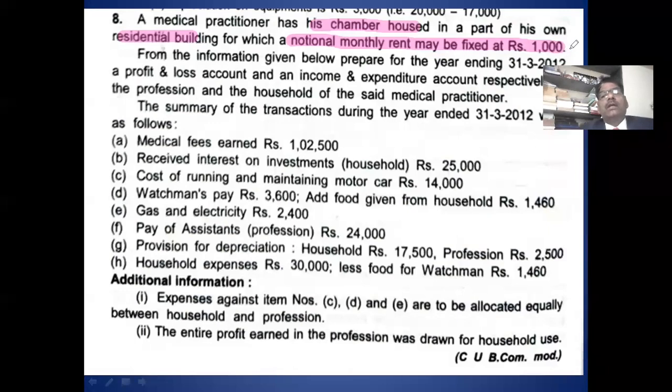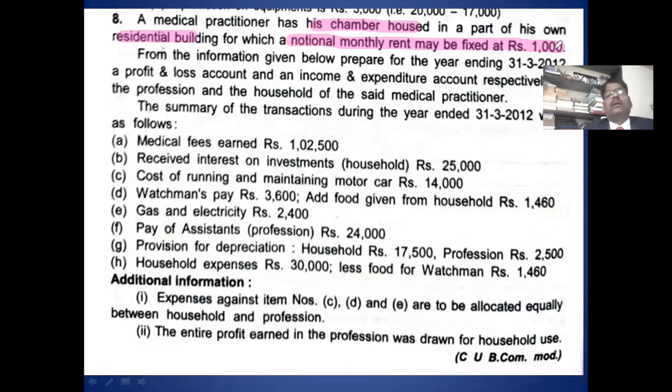Notional monthly rent fixed at rupees 1,000. So notional rent is the expense to the person who takes the service, who takes the benefit. For that person, it is an expense, and the owner of that building receives the rent, so it is income to the owner. So the notional rent 1,000 is expense to the profession, and 1,000 per month rent is the income to the household, because it is a notional one.